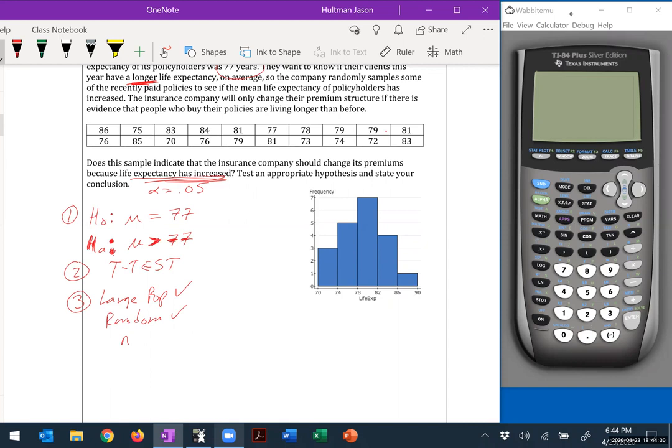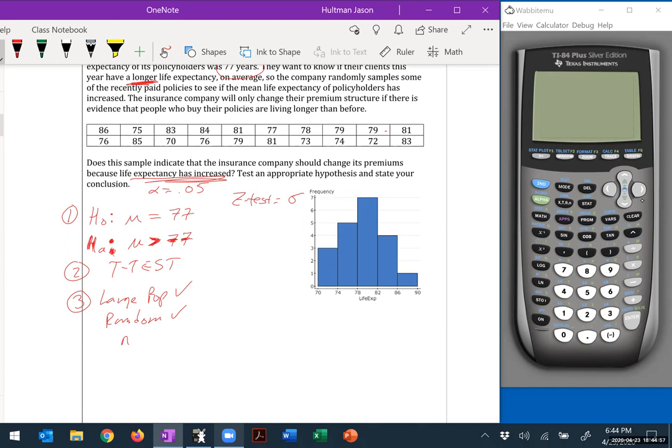Is t-test for means and z-test for proportions? Yeah, but if you're running with the calculator, you don't do a z-test. You only do a z-test when you know that the population is normal and when you know what the population standard deviation is.